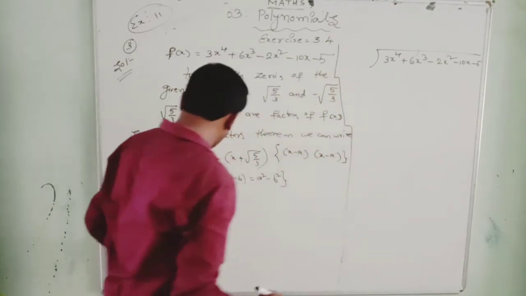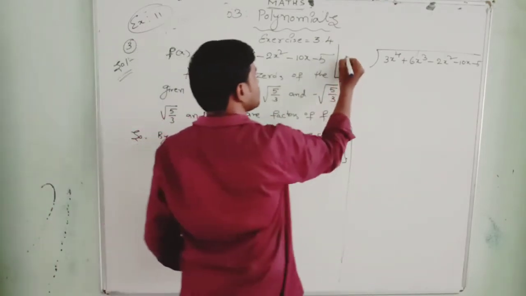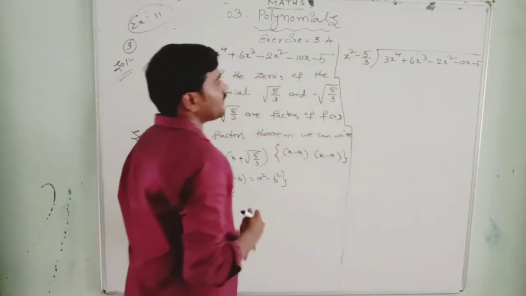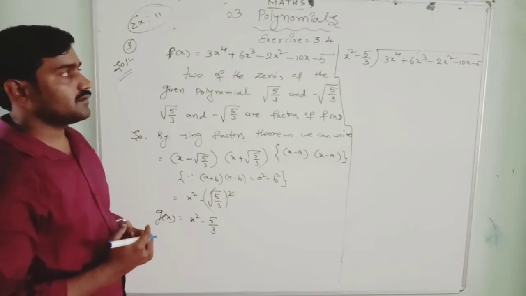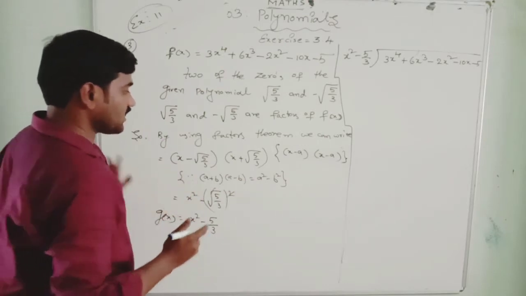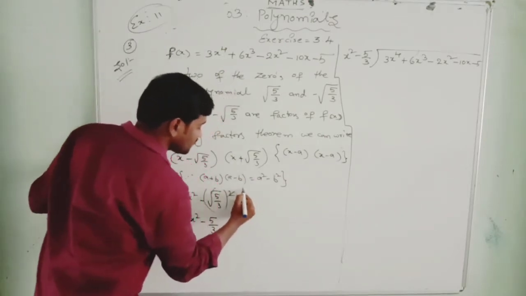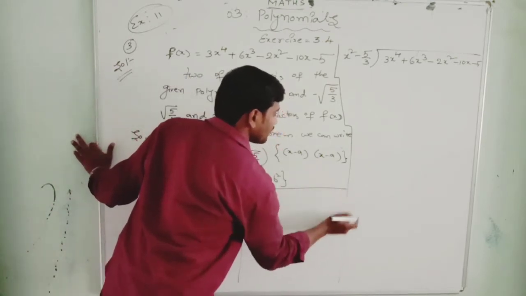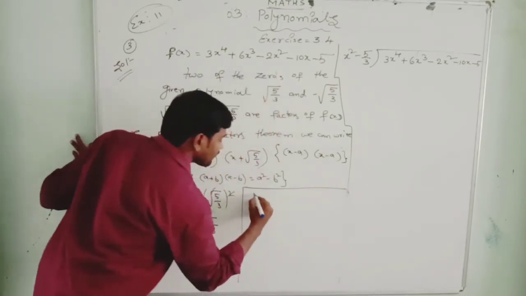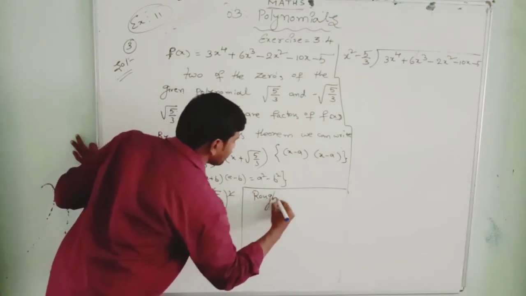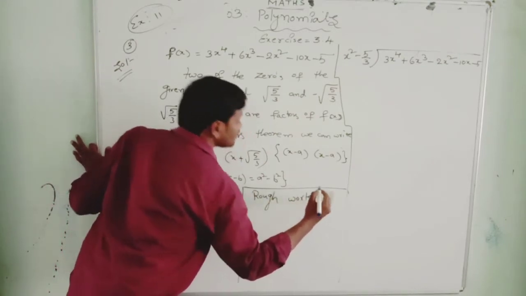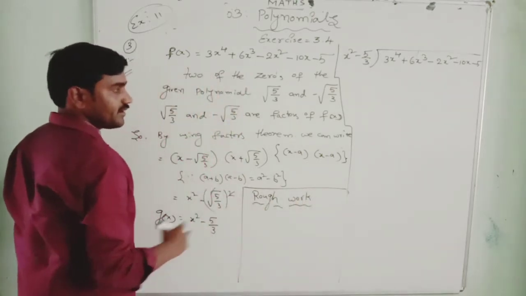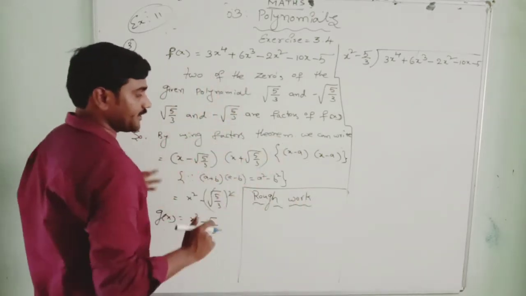We have to divide by x square minus 5 by 3. Rough work is very important. Let me do the rough work here. Actually, rough work we always have to do on the right side of the problem, but due to insufficient place, I am writing here.